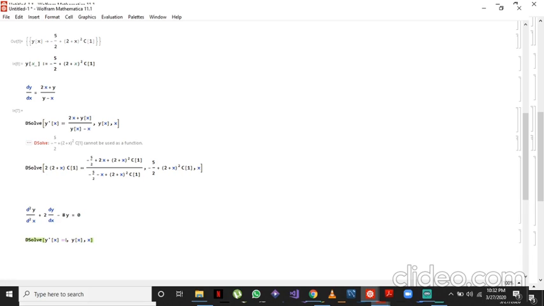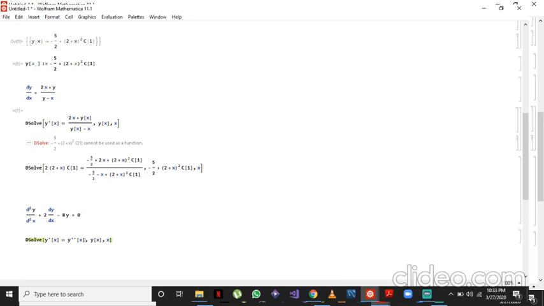As we were just writing y bar to represent dy upon dx, for d square it is quite obvious that to represent the double derivative we have to put two inverted commas. So to solve the equation further, we write y double bar of x.